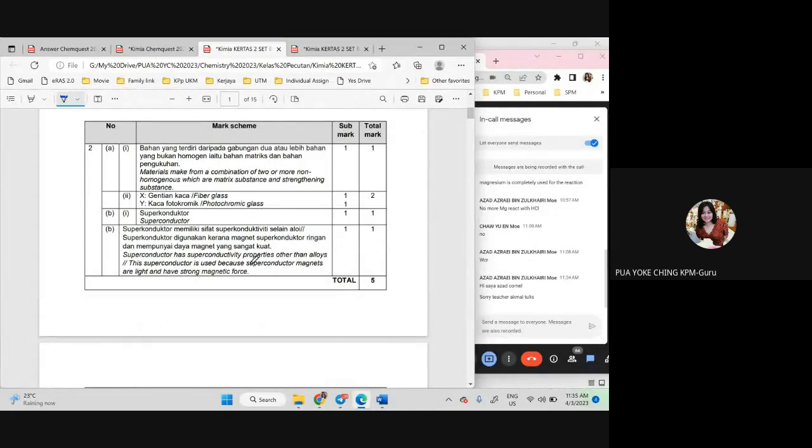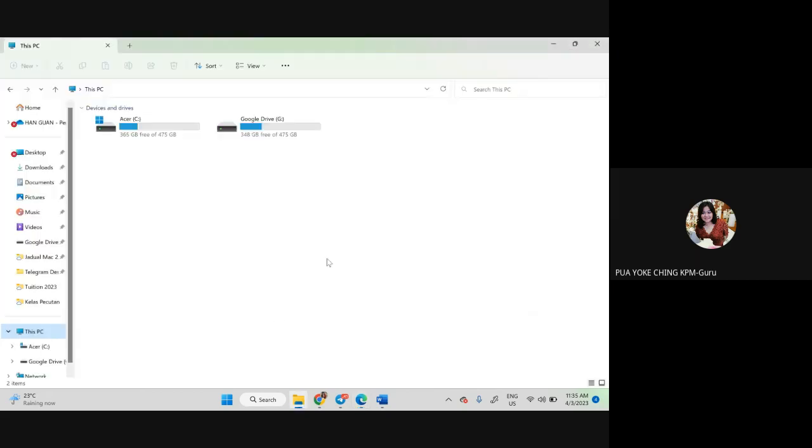Superconductor memiliki superconductivity selain alloy. Superconductor digunakan kerana magnet superconductor ringan dan mempunyai daya magnet yang sangat kuat. This is the one which is jarang tanya tau dalam composite material. Okay, which is your superconductor. Jap, cikgu tunjukkan buku teks.